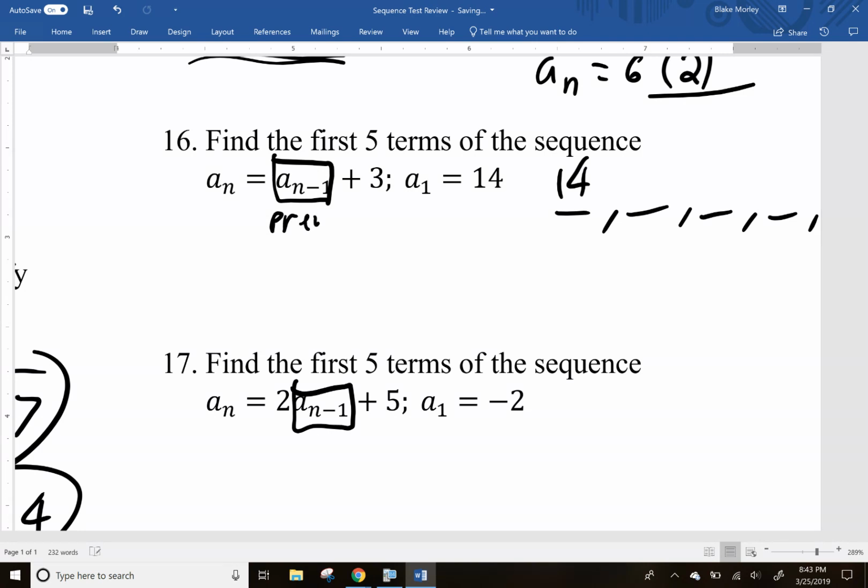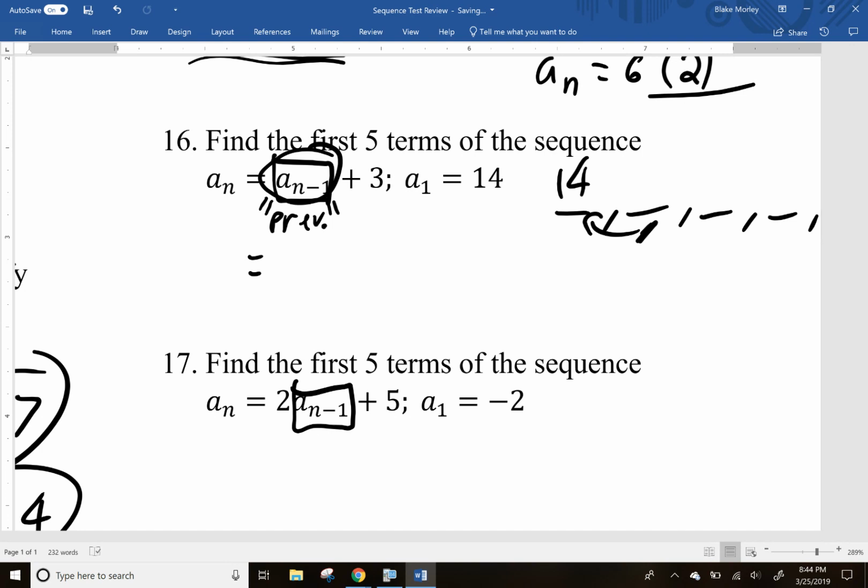I'm just going to write prev for previous. Okay? You're not plugging in for a or for n. You're plugging in for this entire square, this entire thing. That an minus 1, that whole thing just means previous term. So if you want to find the second term, then you have to plug in the previous term, which is 14, to this space.